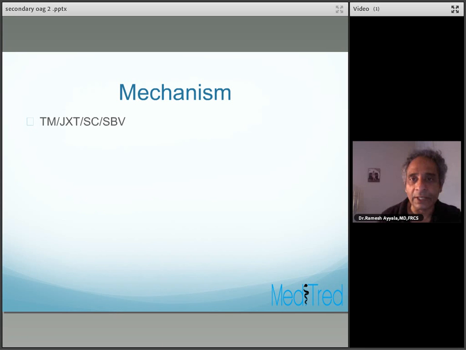If I may take my pointer and draw, let's see, a marker. Good. Let me see if I can draw this for you. Here is the angle anatomy.